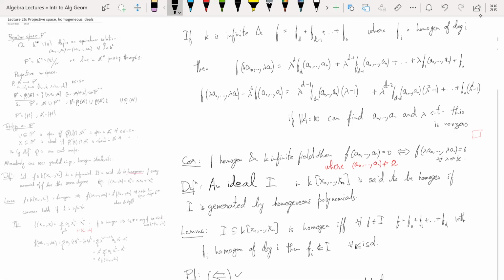So if you can find some homogeneous polynomials in I which generate the whole of I, then you say that I is a homogeneous ideal.